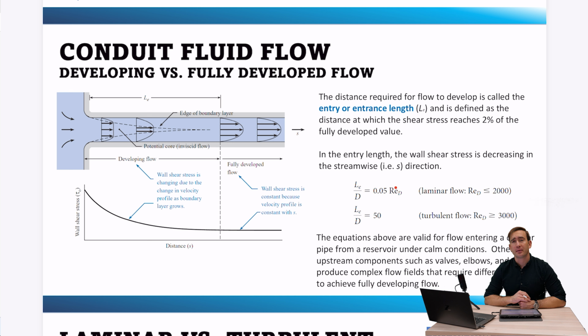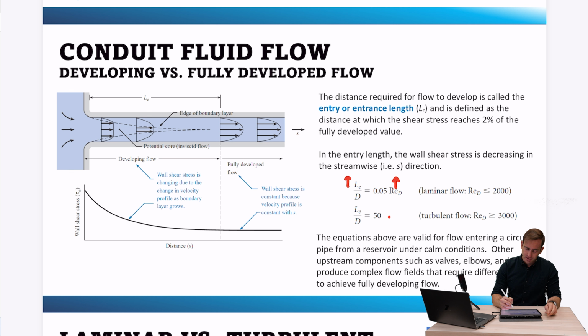One thing we can observe about the entrance length equation is that as our Reynolds number gets higher, our entrance length will also get higher. This should make some sense because as the flow is turbulent, it's going to take a little bit longer for that flow to organize itself and enter into the pipe system. What we also see is that our entrance length is dependent upon diameter.